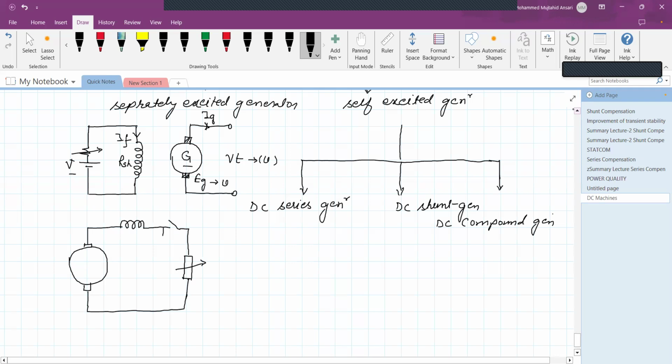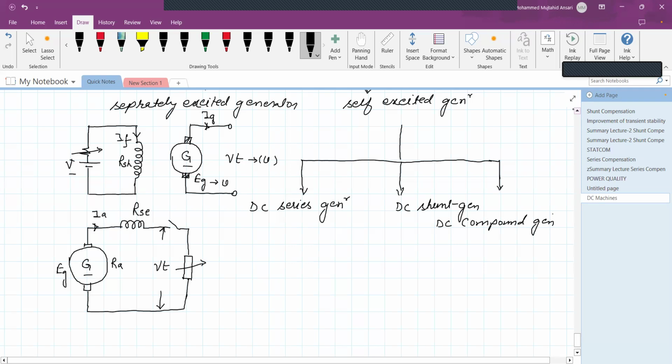The voltage across the load is the terminal voltage VT. The current delivered by the generator is IA, the armature current. The armature resistance is RA, the resistance of the field winding is RSE, and the EMF generated is EG.